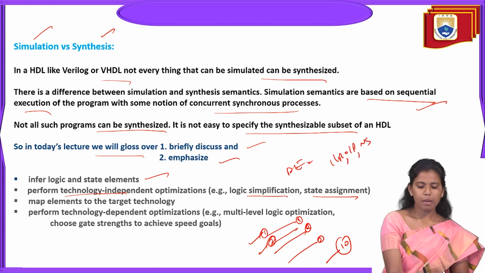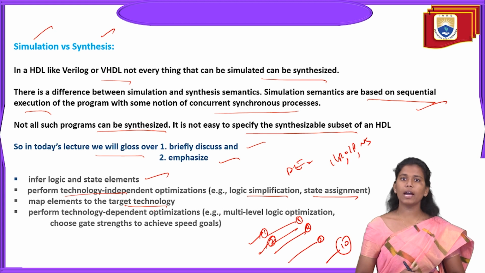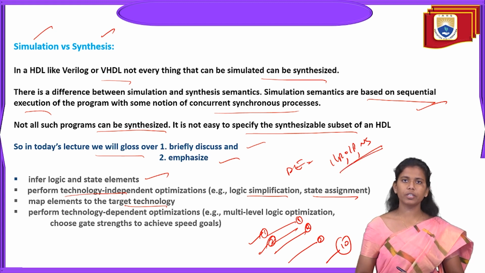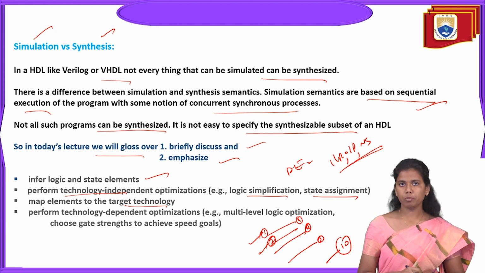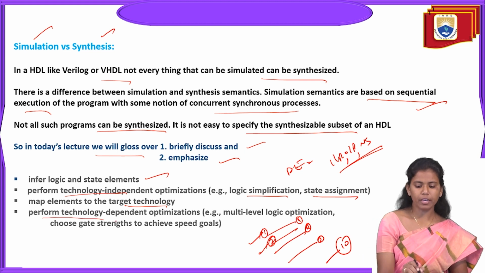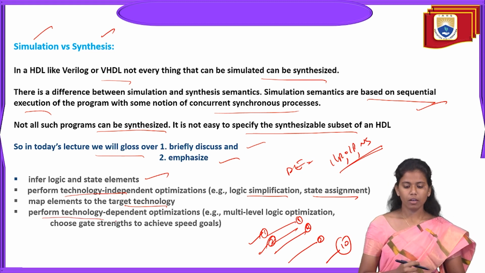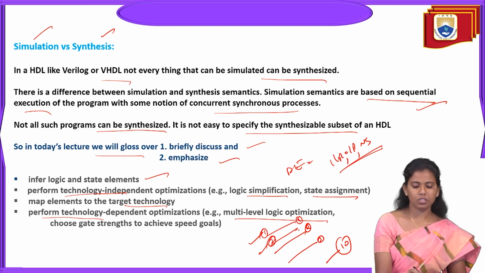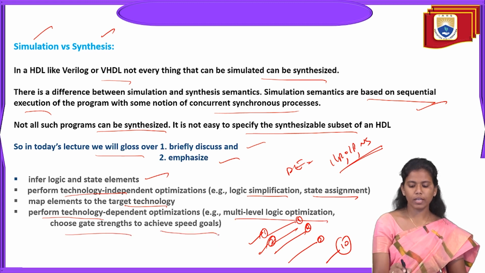And then map elements to the target technology. Soon after going with this independent optimization, we need to map to the particular target technology. Then finally perform the technology dependent timing optimizations, for example, multi-level logic optimization and choosing gate strengths to achieve speed goals.